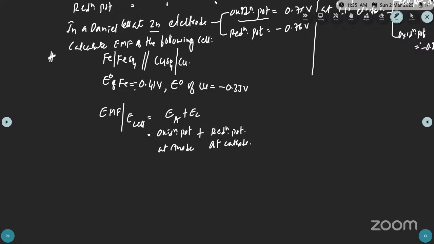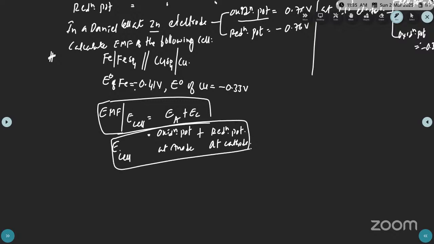So this is the formula to find the E cell, or EMF of the cell, right?